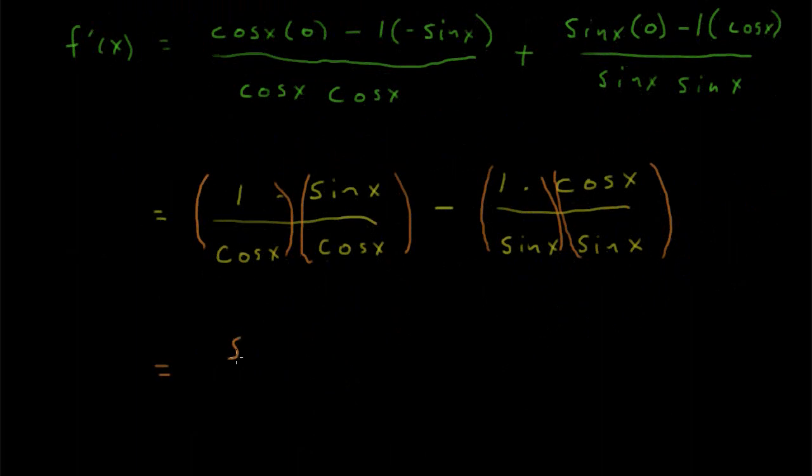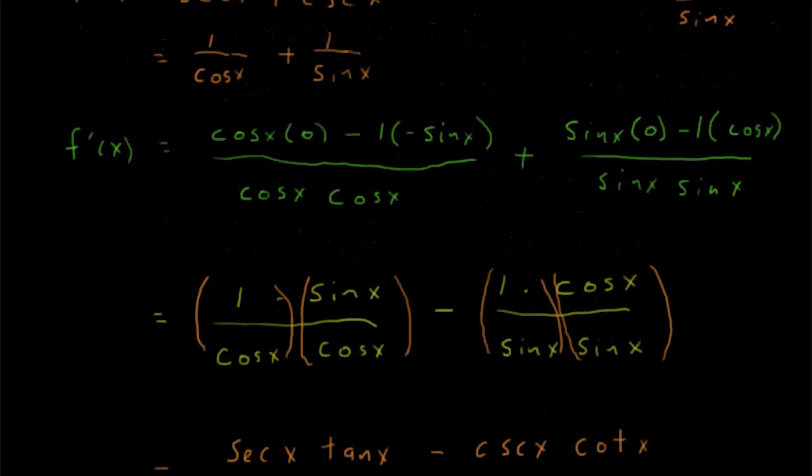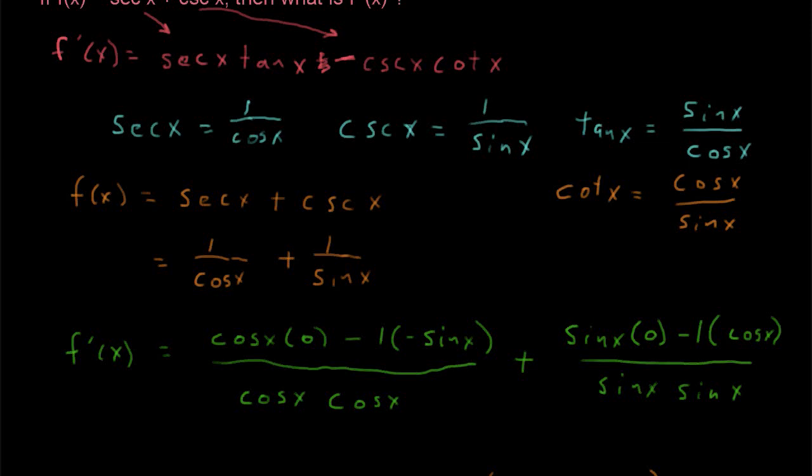And now I think we have everything we need to simplify what we have written here. So 1 over cosine x is secant x, and sine x over cosine x is tangent of x. Subtract 1 over sine x, which is cosecant x, and cosine x over sine x, which is cotangent x. And I believe we've gotten the same answer that we got before.